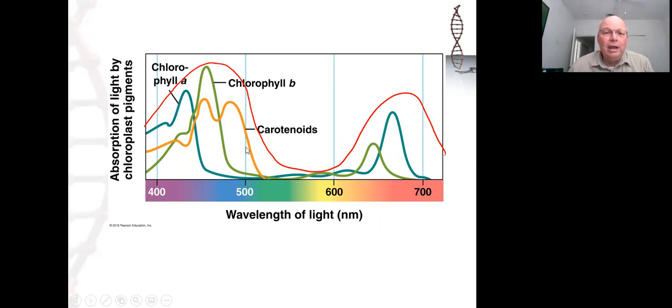Being able to correlate the areas of the spectrum that the carotenoids and the two chlorophyll molecules absorb with the regions of maximum absorption in the action spectrum of photosynthesis tells us that these are the pigments that are involved, because we can account for this big bump in the action spectrum by these absorption profiles for the chlorophylls and the carotenoids, and we can account for this big bump by the absorption profile of the two chlorophylls. And that's what tells us that these are the pigments that are involved.